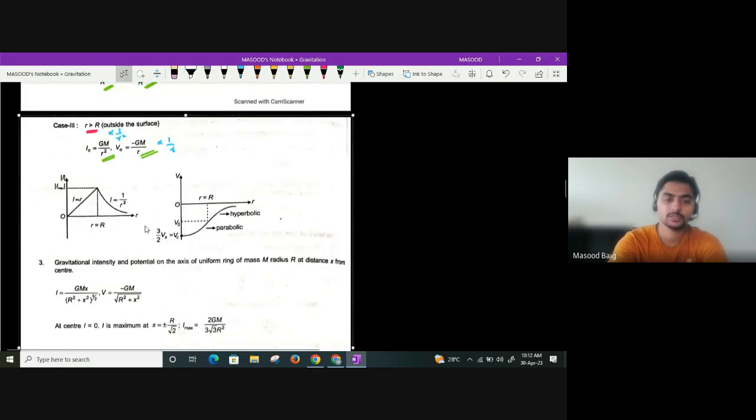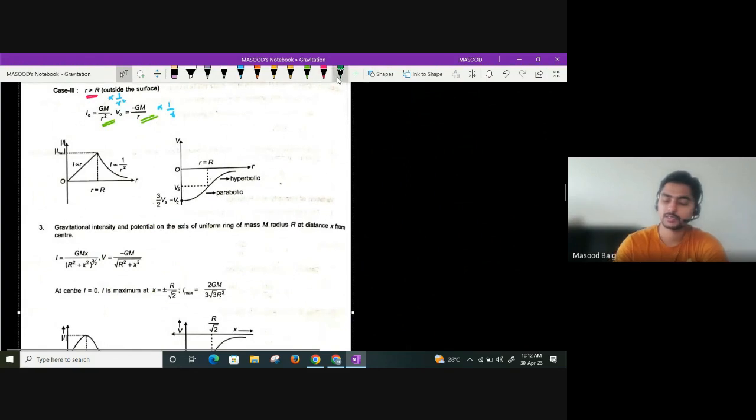So if we talk about the potential for a solid sphere, inside it will follow a parabola till the surface. Outside it is going to follow a rectangular hyperbola. And as you can see, in case of a solid sphere, potential will be minimum at the center, which is minus 3 by 2 GM by R.